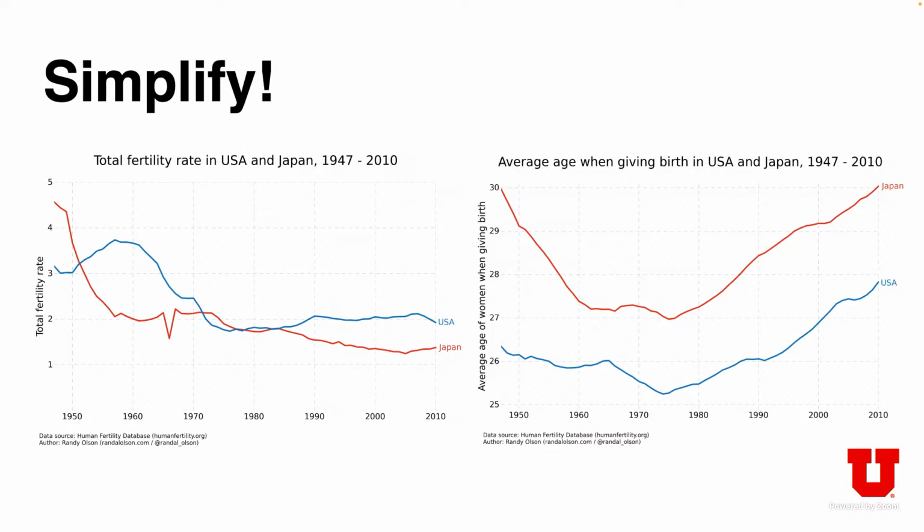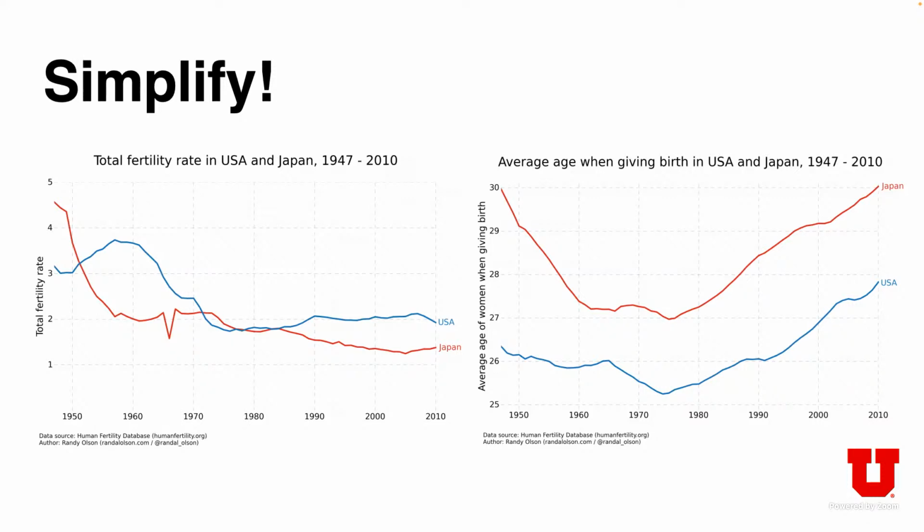You can plot average age when giving birth in one chart. And here there are probably two different insights we can gain, and they are, I would argue, much more obvious from this chart. I personally saw some interesting trends in the animation, but I had to sit down and think about it to see what exactly it was. But here it's all there.